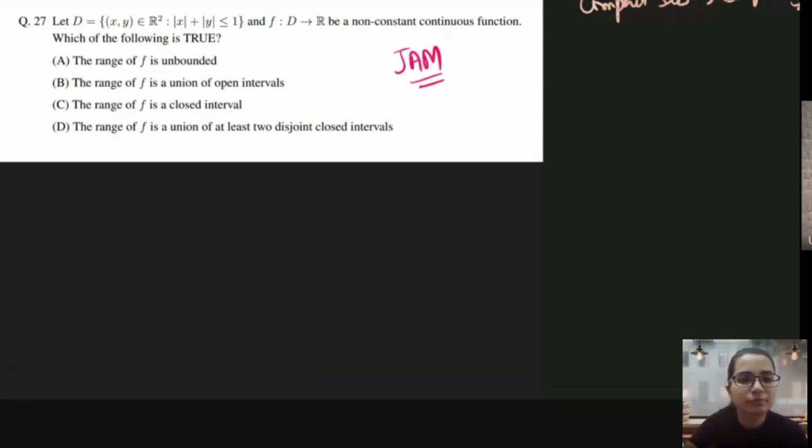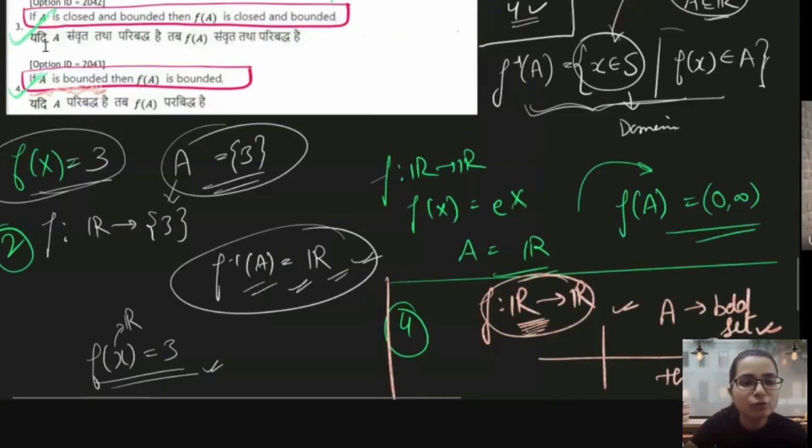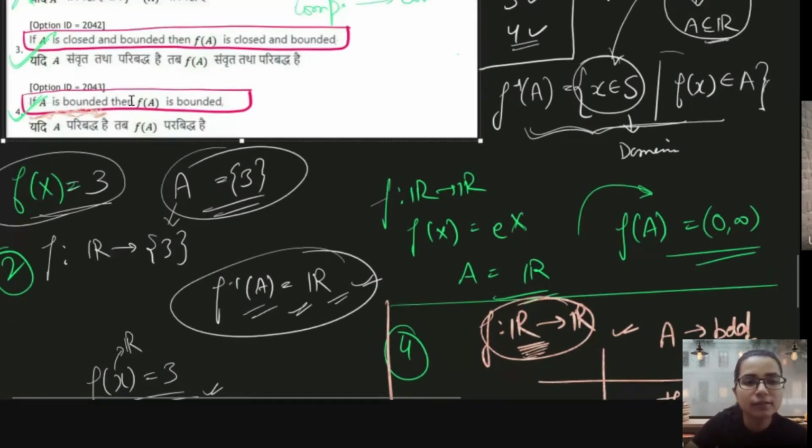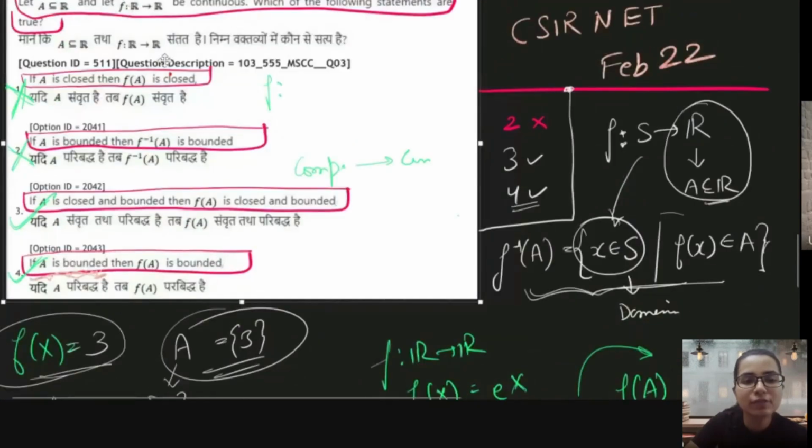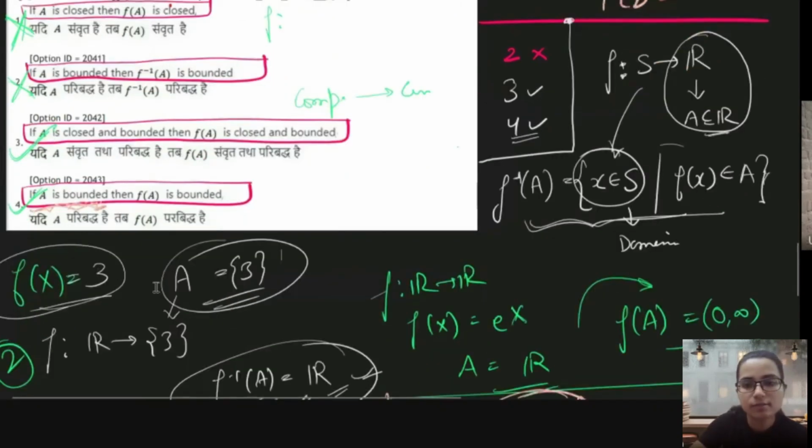Okay. So in the fourth option, you have been given a bounded set. If A is a bounded set, and the function is continuous on the whole of R. Okay. So continuity plus boundedness.